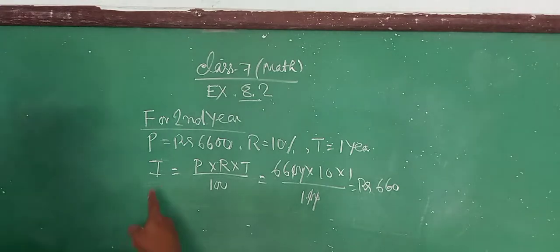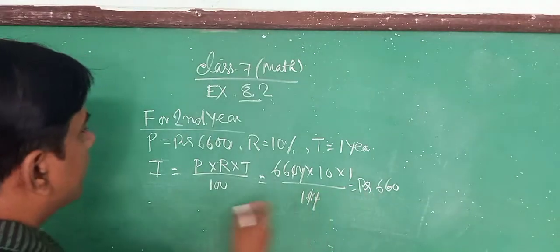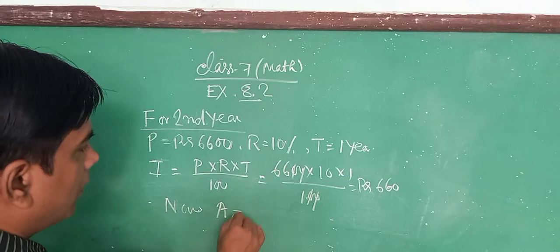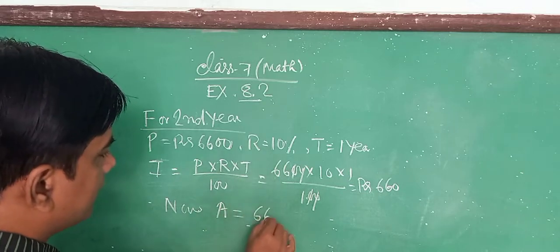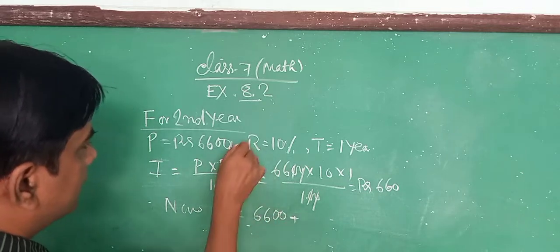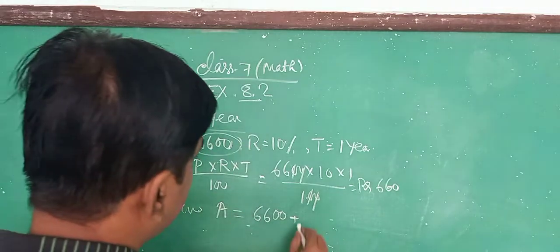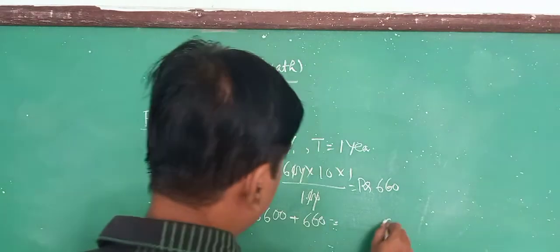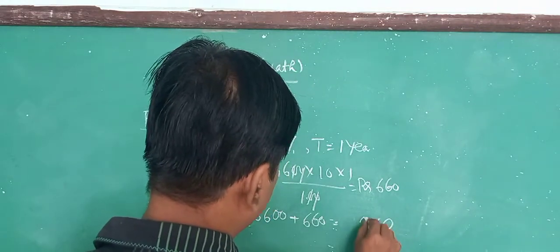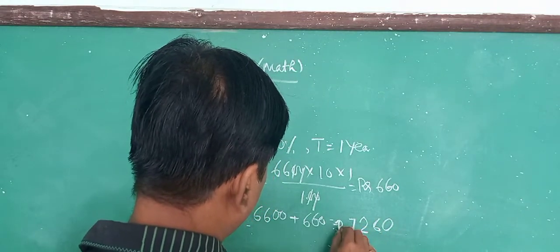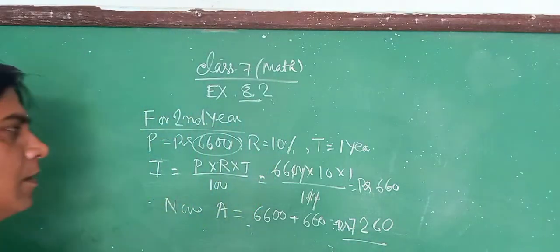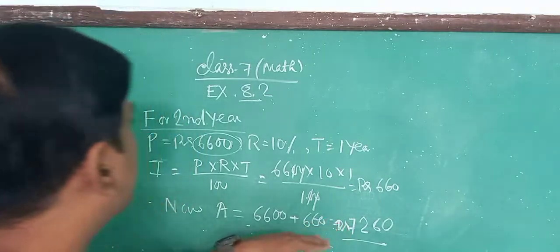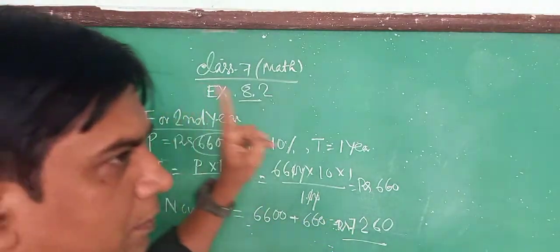Now the question asks to calculate the compound interest. So the amount now is 6,600 plus 660, that is 7260 rupees. At the beginning of the time, the principal was 6,000.